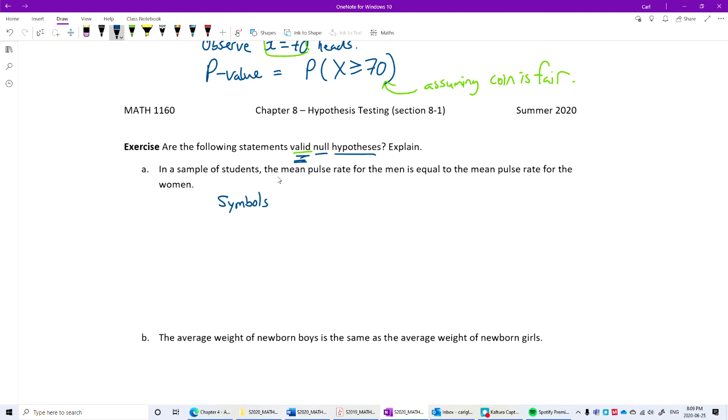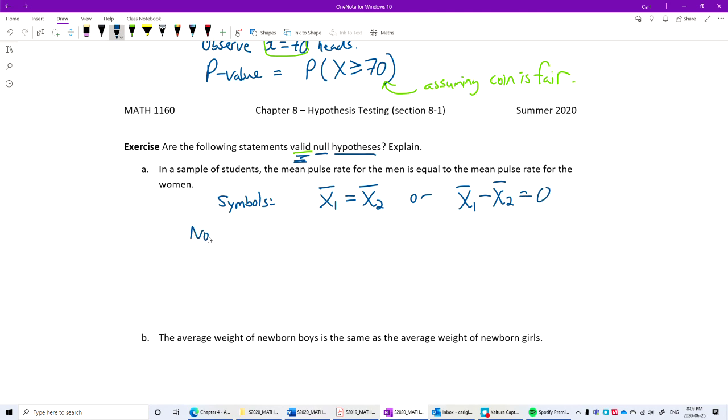In a sample of students, the mean pulse rate for the men, let's call that x1 bar, a sample mean, is equal to the mean pulse rate for the women. That's how you'd say it in symbols. Is this a valid null hypothesis? Normally we might write it like this, equals 0.